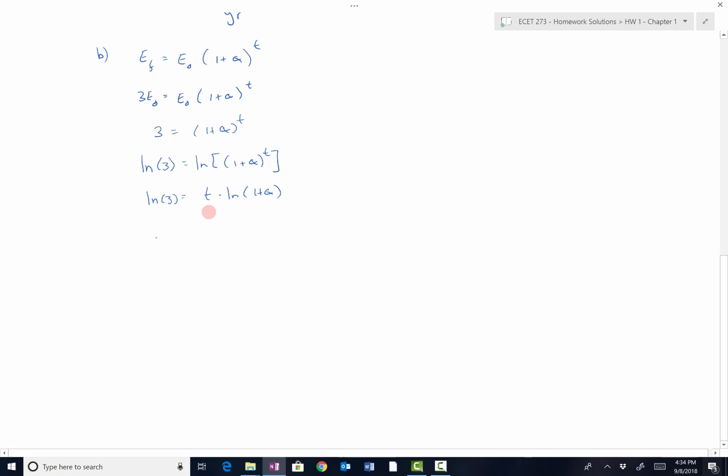I can now isolate T: T is equal to the natural log of 3 divided by the natural log of 1 plus alpha. Now it makes sense to sub in my quantities.